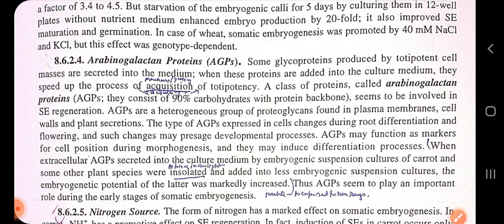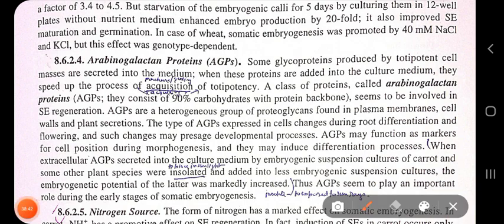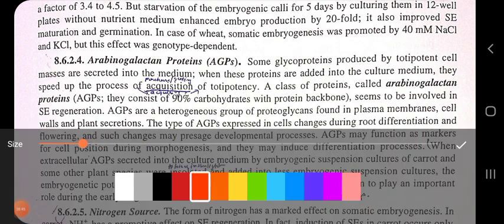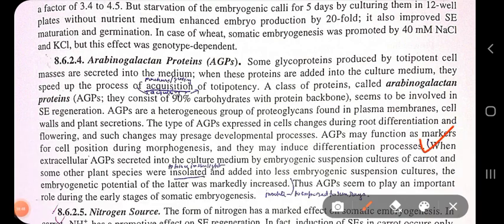It has been shown that when extracellular arabinogalactan proteins, from here you can see, I am marking it, are secreted into the culture medium by embryogenic suspension cultures of carrot and some other plant species, isolated and added to less embryogenic suspension cultures, the embryogenic potential of the latter was markedly increased.